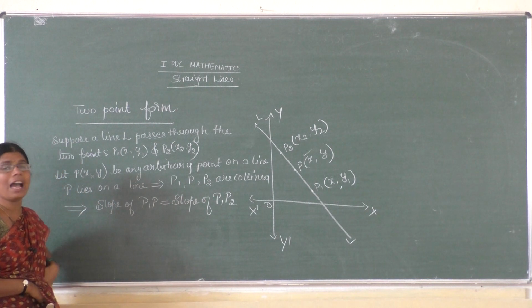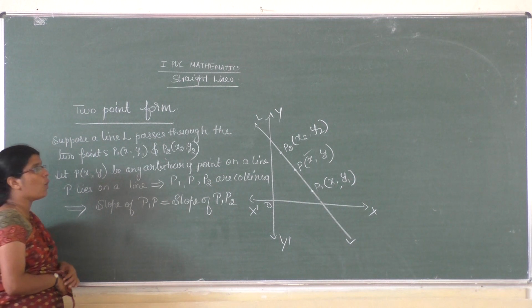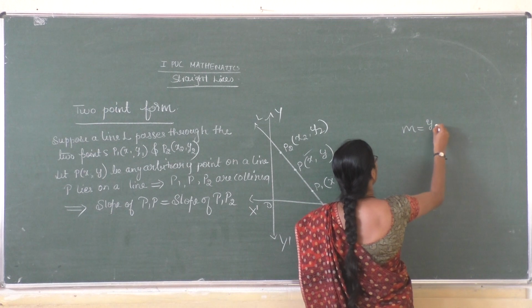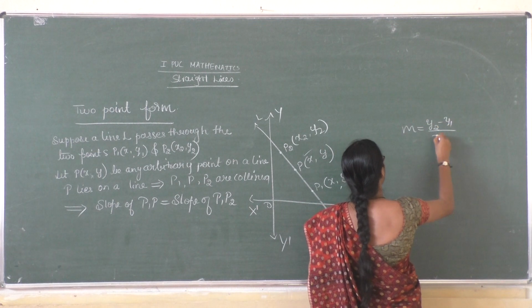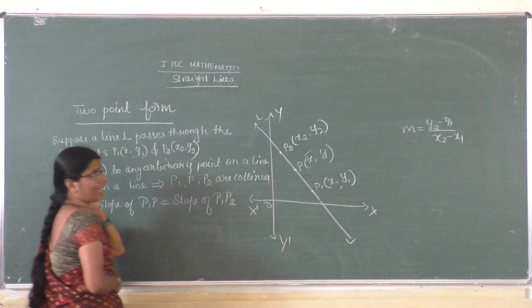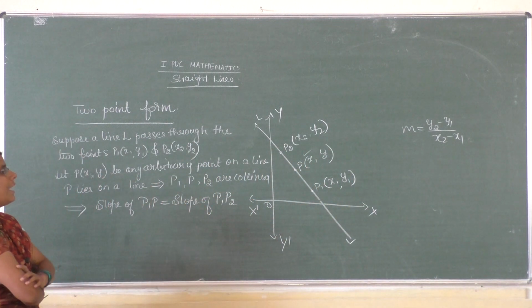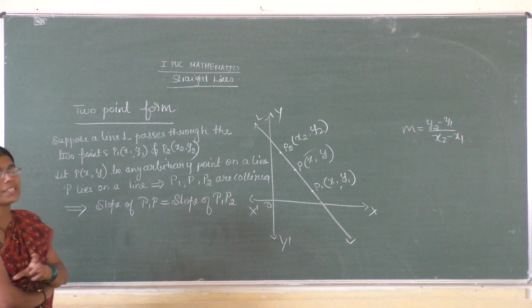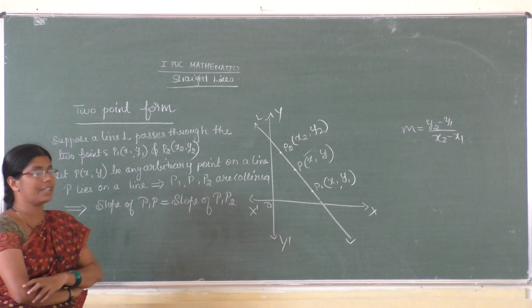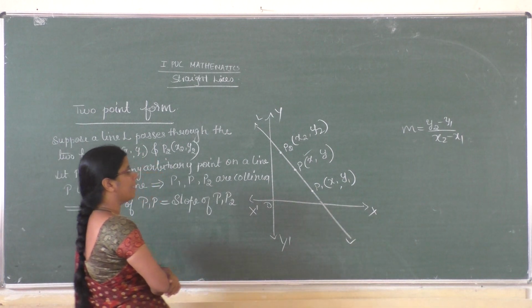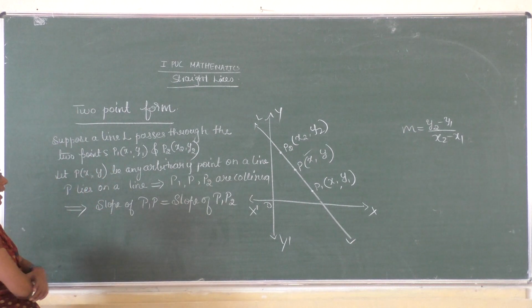Suppose we have 2 points x1, y1 and x2, y2 through which the line passes. Then the slope is given by y2 minus y1 divided by x2 minus x1.